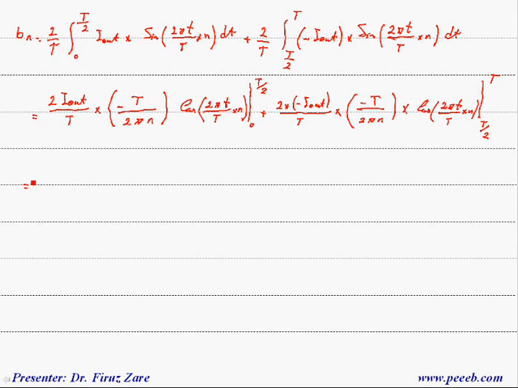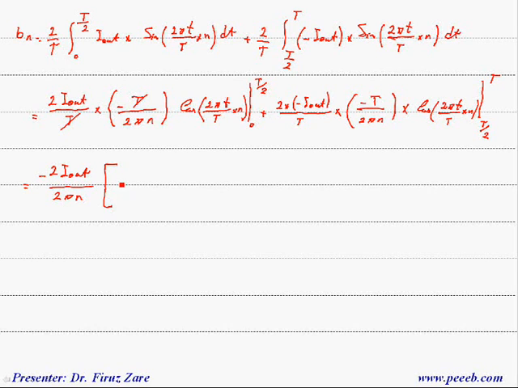So in this case we have minus 2 I out, so this one and this one can be cancelled, over 2 pi n.